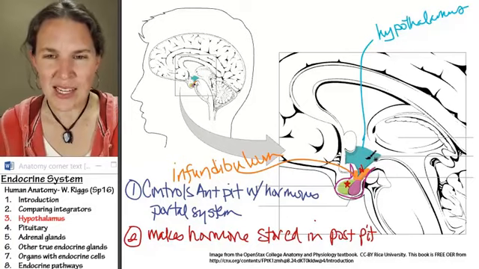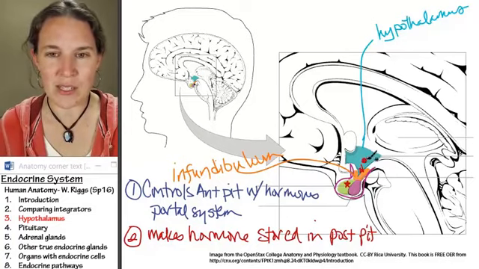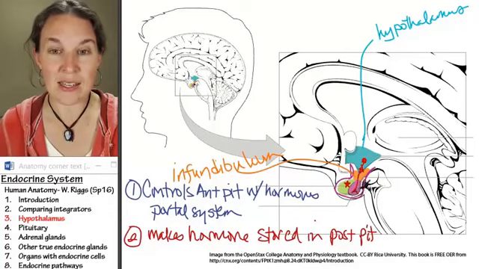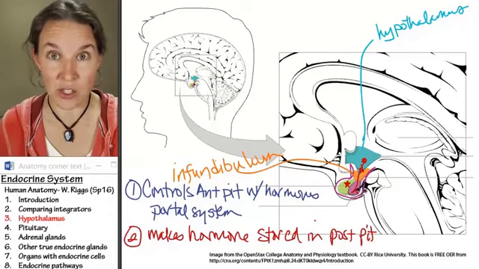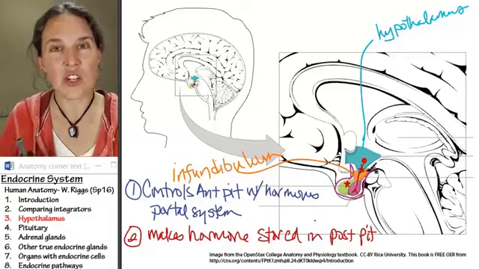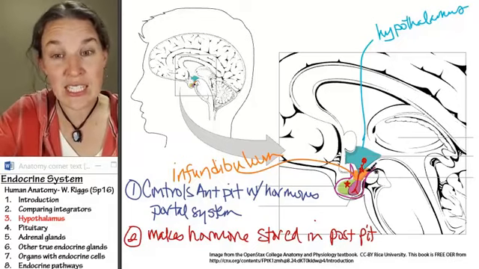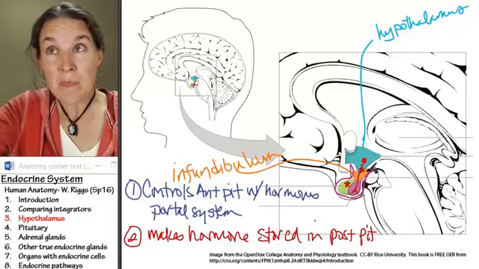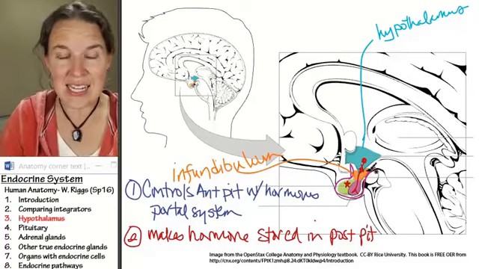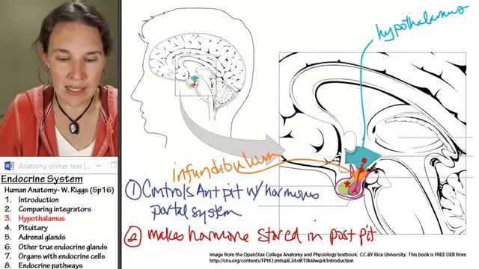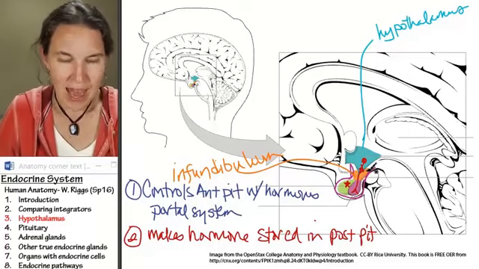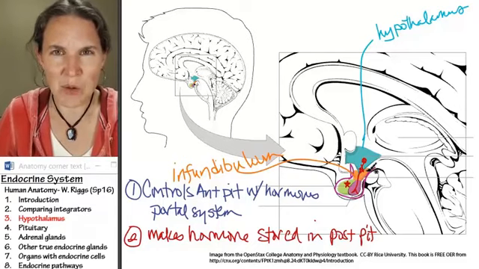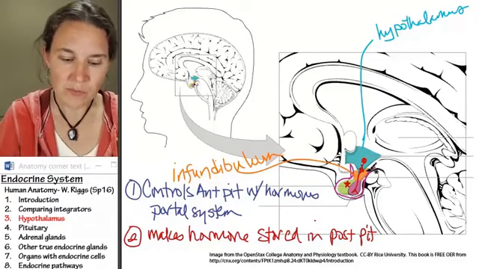So it's almost like, man, I need a bigger version of this. That's a neuron. This is the axon terminal of my neuron. The neuron cell body lives in the hypothalamus. The axon extends down, and the axon terminals are in the posterior pituitary.